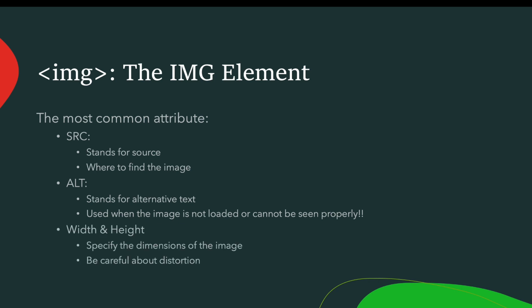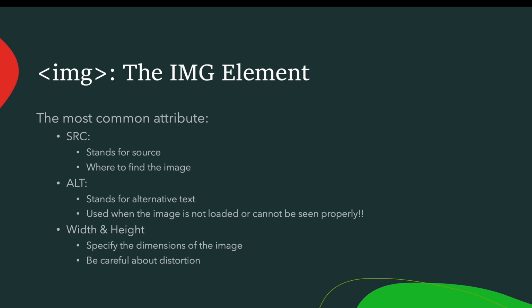And the other attributes that we want to talk about, obviously, when we talk about images, are the size of the image. These attributes are width and height. They are used to specify the dimensions of the image, right? And we usually define them in pixels.